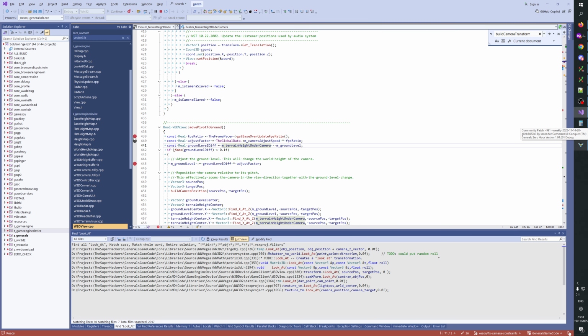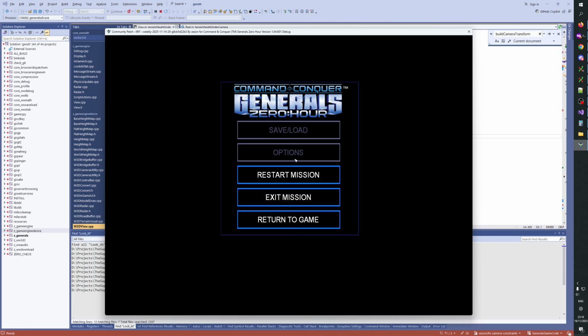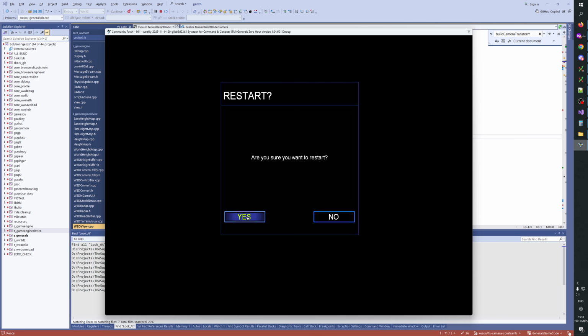Okay, let's put a breakpoint in here. So the camera is completely broken now. Let's do a restart.